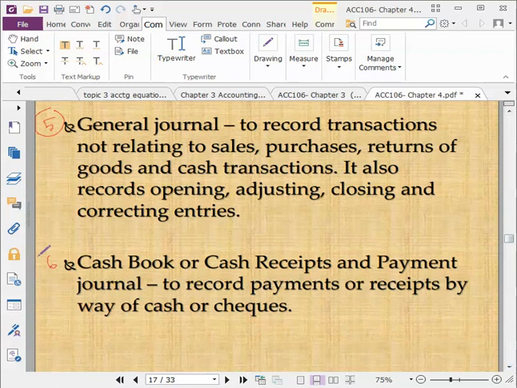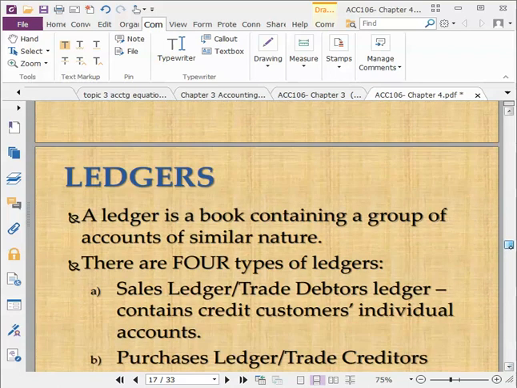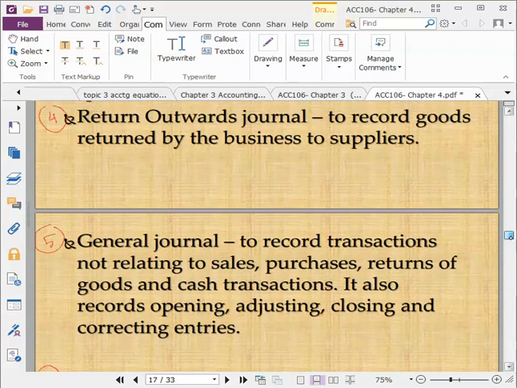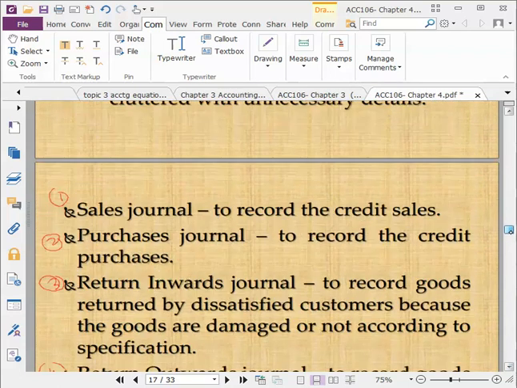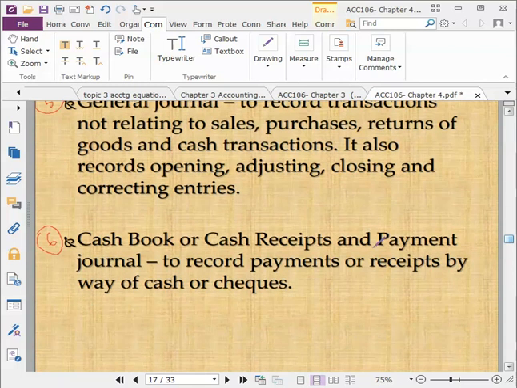Number 6 is cash book or cash receipt payment journal. Yang ketujuh adalah cash payment journal.